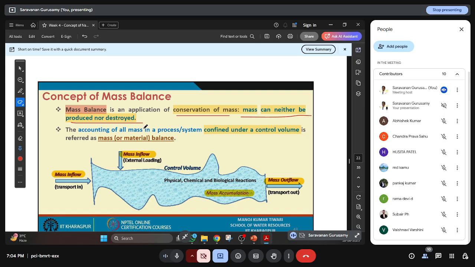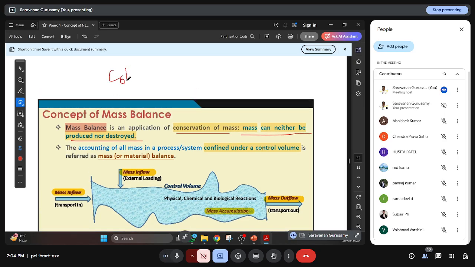If you take 1 kg of sand and disperse it everywhere, you will still find that 1 kg is there as it is, but the density is reduced. You are dispersing it, but it will not get reduced in weight. Same with glucose, C6H12O6: if you convert it to CO2 and H2O, the mass is still the same.